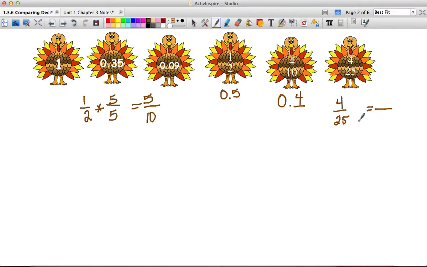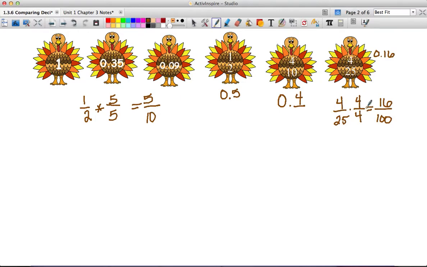And I know that 25 can be multiplied by 4 to make 100. So what I do to the bottom, I have to do to the top, because remember, first we're making an equivalent fraction. Now I can take this fraction, which is 16 hundredths, and I can turn it into a decimal. And as a decimal, 4 25ths is 0 and 16 hundredths.